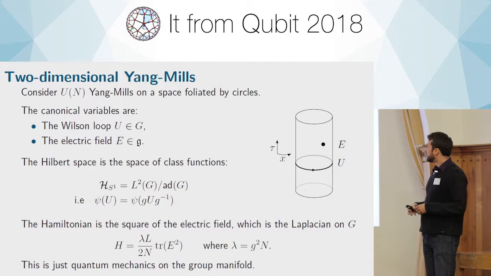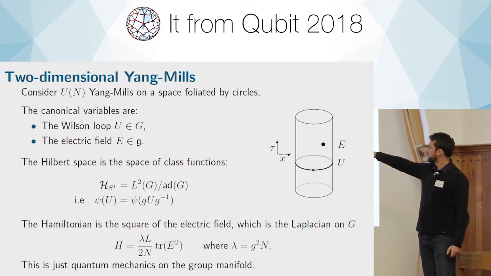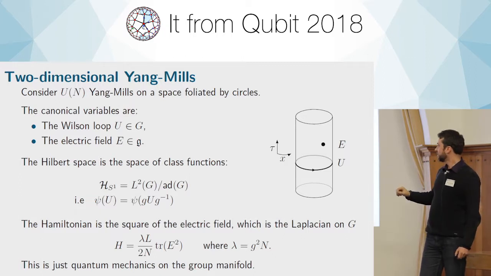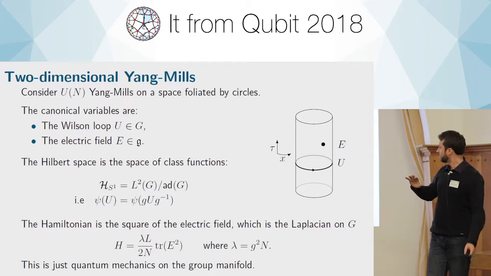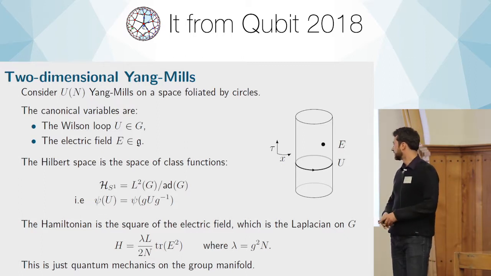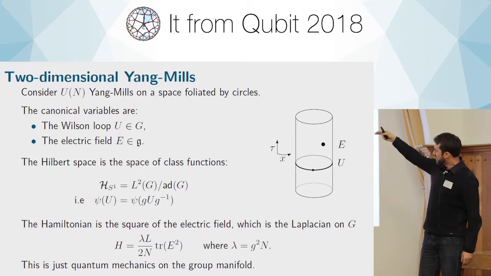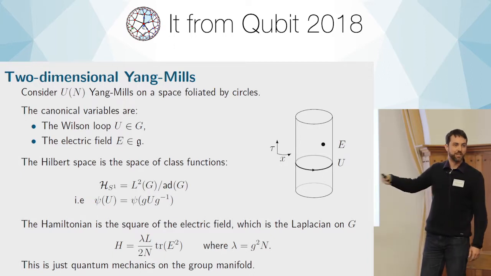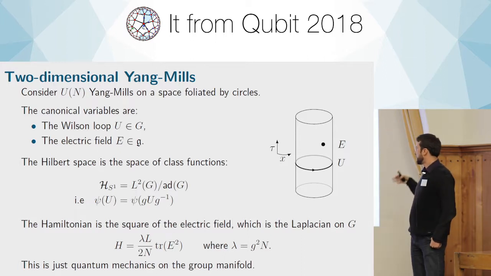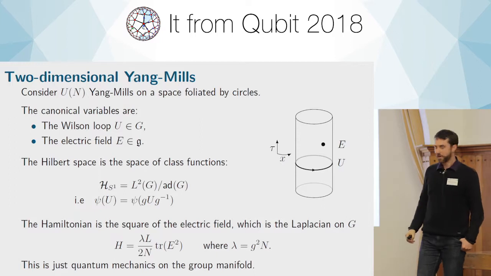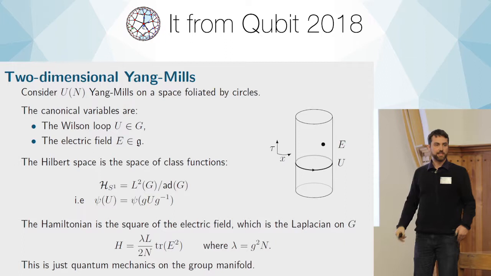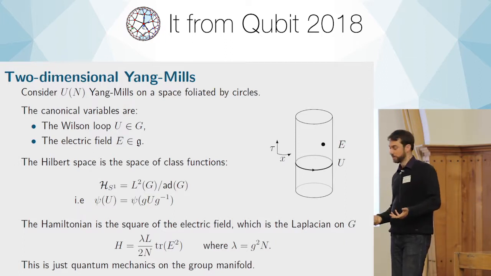Good. So the Hilbert space that I'm talking about, U is my position type variable. So I take the functions on the group manifold, but they have to be invariant under this remaining gauge transformation. And then the gauge invariant functions of E act on that space as differential operators. In particular, the gauge invariant operator that we're most interested in is trace of E squared, and that's just the natural Laplacian on the group manifold.